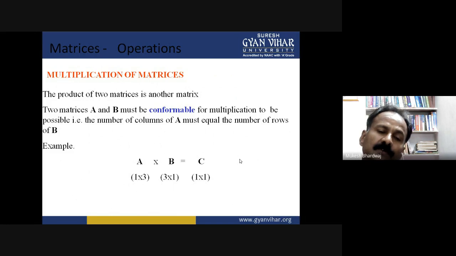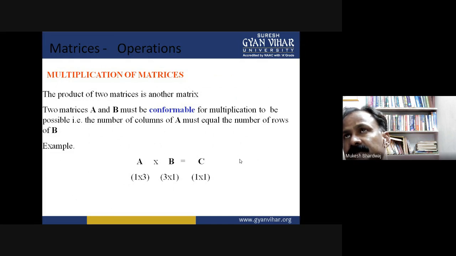So first of all, you need to check whether the multiplication can be done by confirming that the columns of the first matrix are equal to the rows of the second matrix.